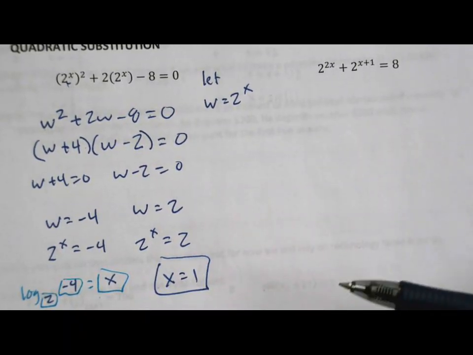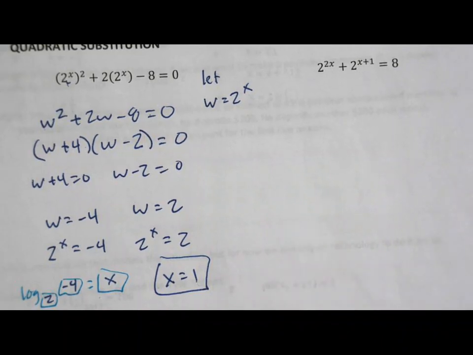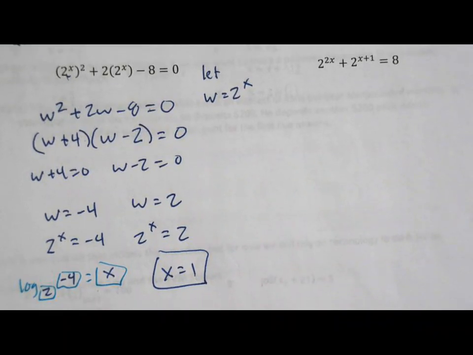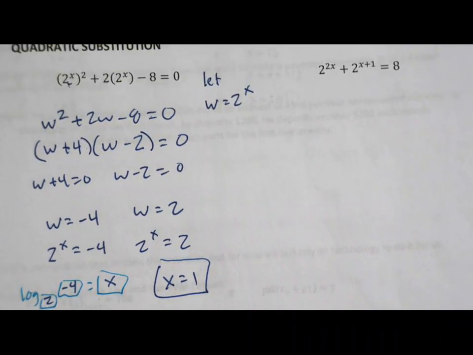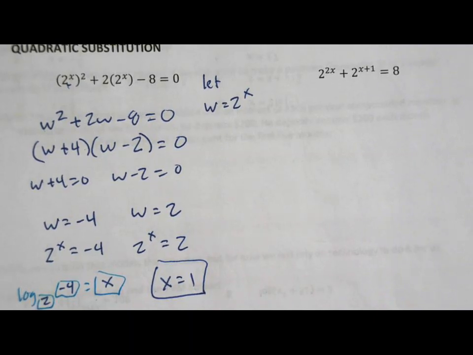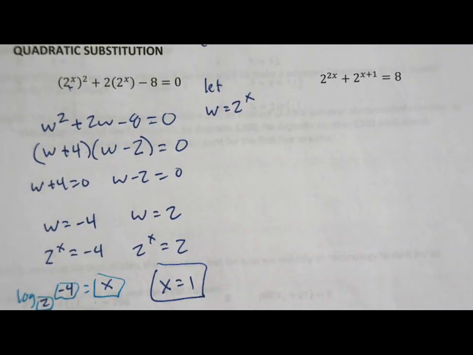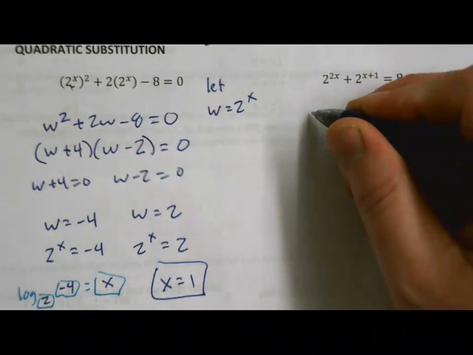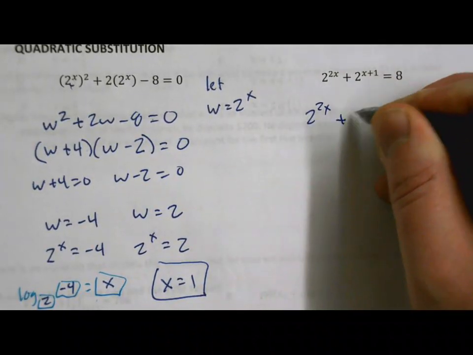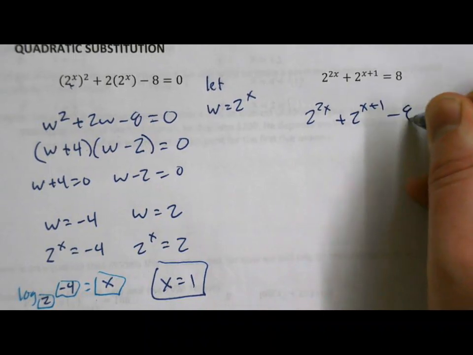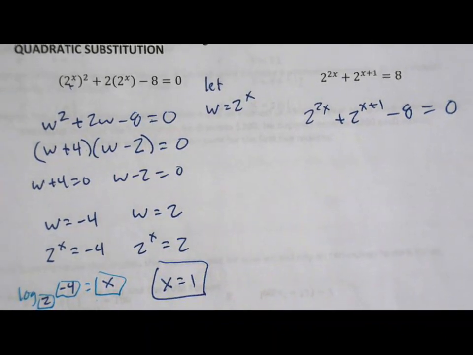So that's not going to help. Nothing that we've done is going to help, so I'm going to guess that this is a quadratic. It's just in disguise. Okay? So I'm going to see if we can do some work on this to make it look more like a quadratic. Like, for example, that makes it look a little bit more like a quadratic to me. At least we got 3 terms and a 0 on the other side.